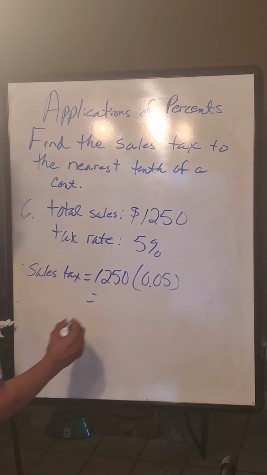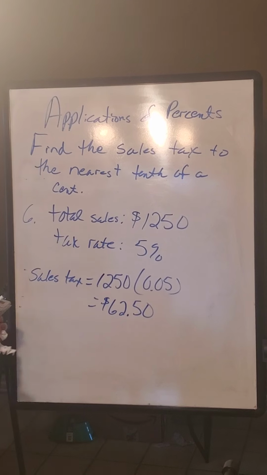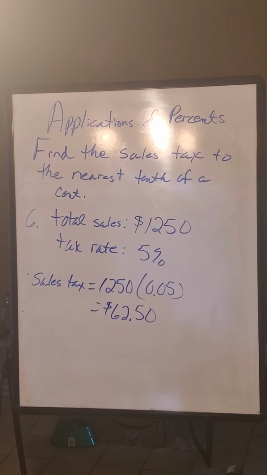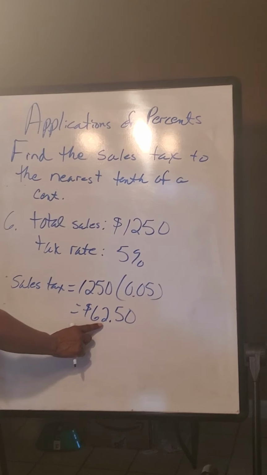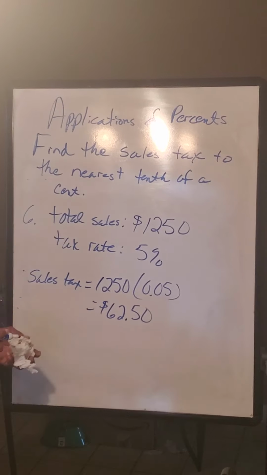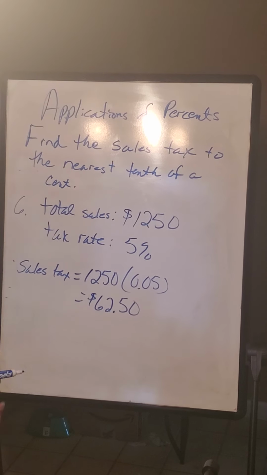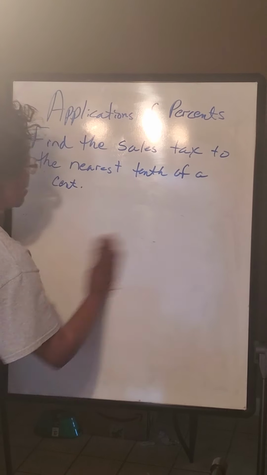So the tax on this item would be $62.50. Again, if you're using your calculator, the only thing displayed is 62.5, but remember, we're dealing with money, so that should be $62.50.